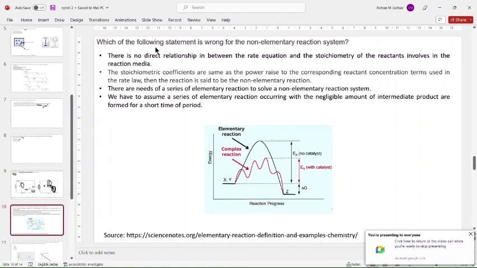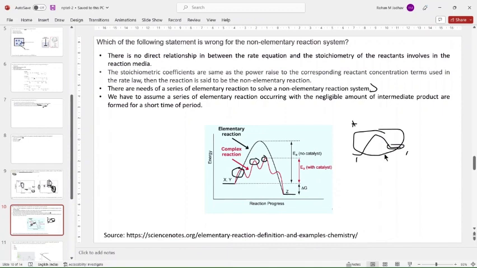Okay, as you can see, this black curve here represents the elementary reaction, which will have just a single step, which means that as soon as the conditions are met, the activation energy is achieved and the reaction occurs and the products are formed, reactants and products. Whereas in a complex reaction, like A gives C, now this A gives C looks straightforward, but it's not.